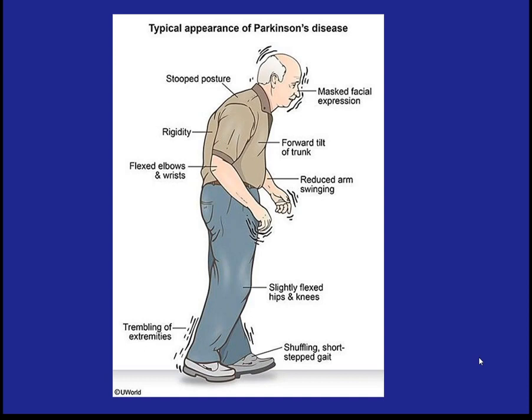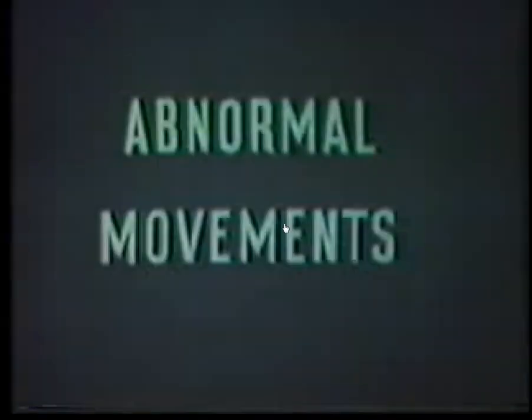This is typical appearance of Parkinson's disease. Masked facial expression, special bent stooped posture, rigidity, forward tilt of trunk, reduced arm swinging, flexed elbows and wrists, small steps, shuffling gait, sometimes trembling of lower extremities, slightly flexed hips and knees, typical habitus of this patient.